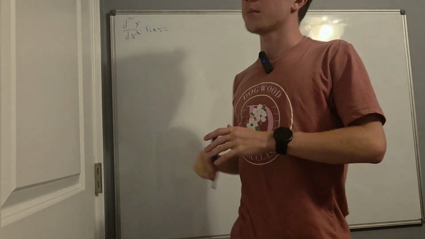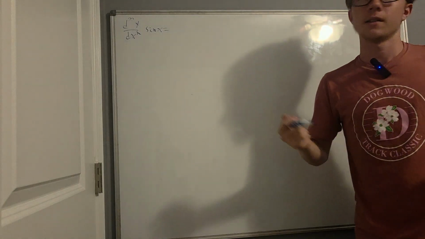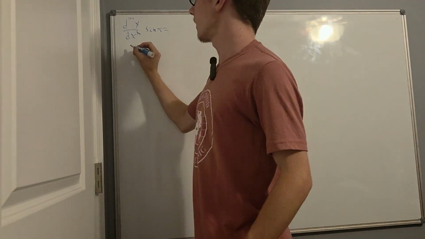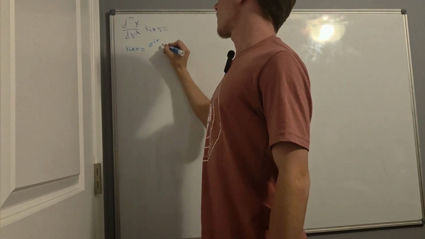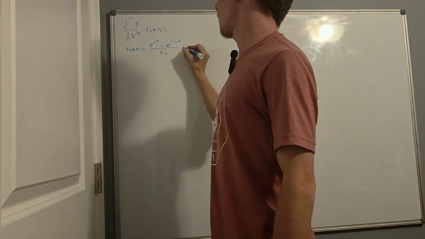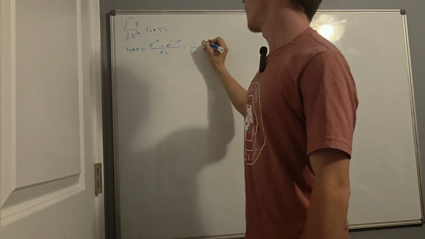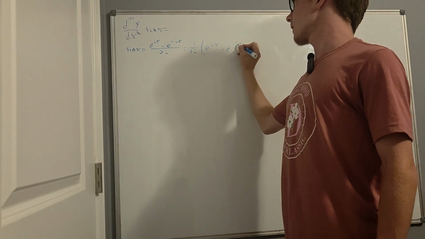I'm going to explain the proof really quick. All you need to know is that sine x is equal to e to the ix minus e to the negative ix over 2i. The 2i can come out, so it's like 1 over 2i times e to the ix minus e to the negative ix.